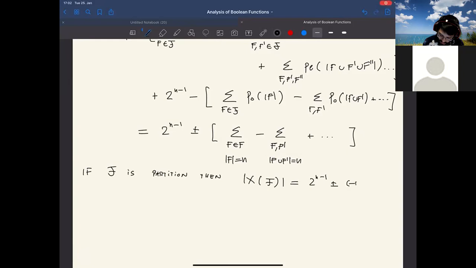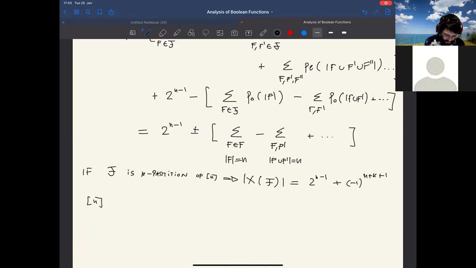It's just plus or minus 1 to the n plus k plus 1. It's a partition of k sets, a partition of n.